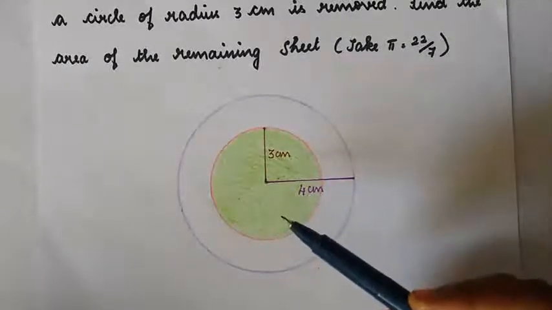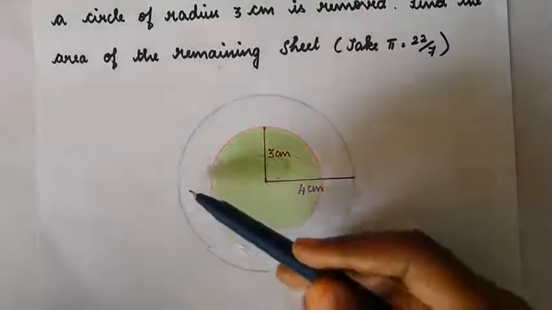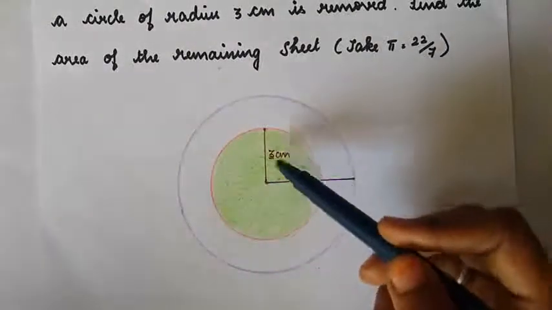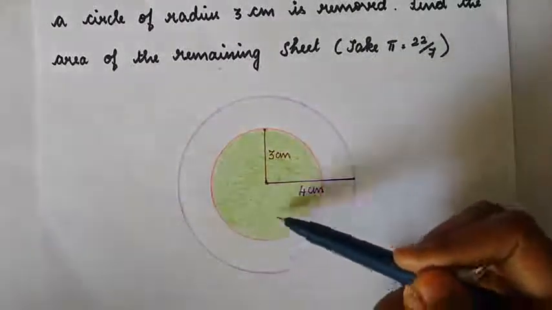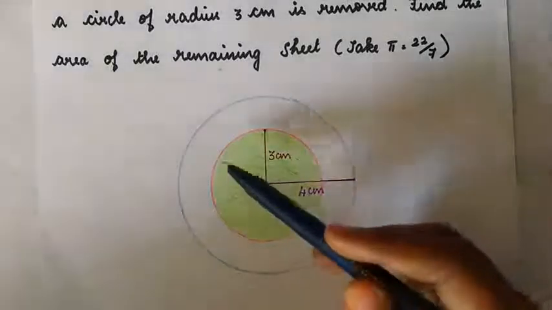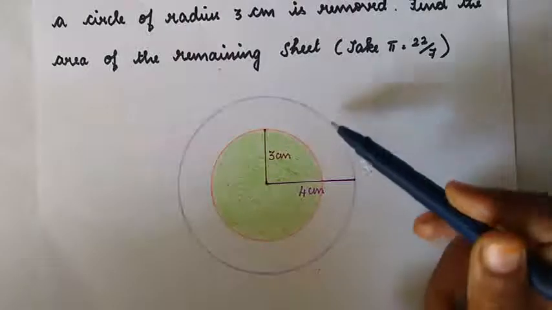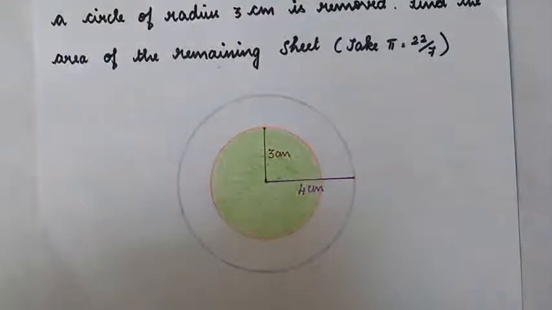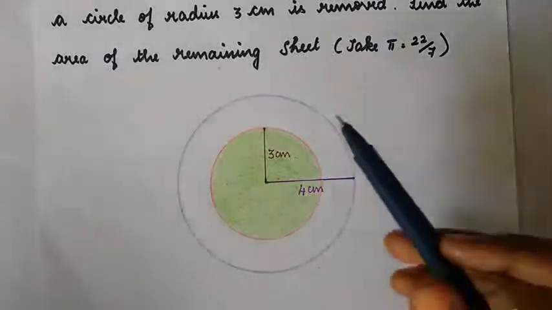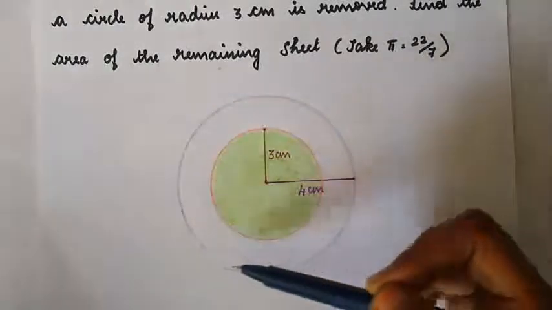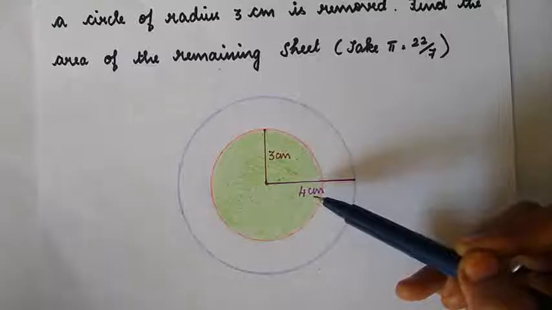Here basically we need to find this remaining area, because the inside circle has been removed. We have to find out the white area. How do we find that? First we have to find out the area of the bigger circle of radius 4 cm.